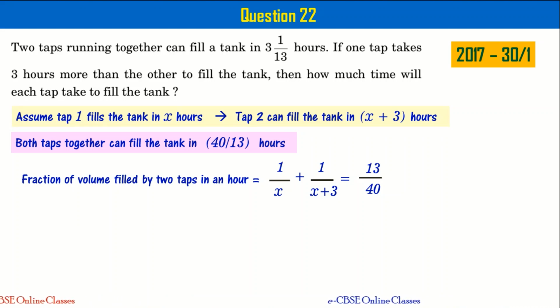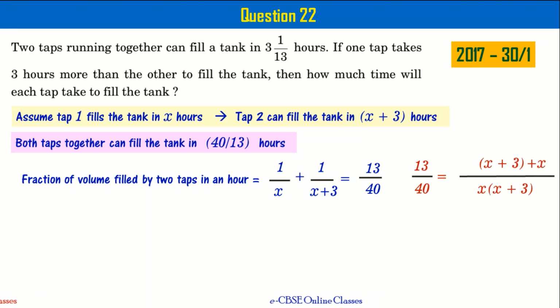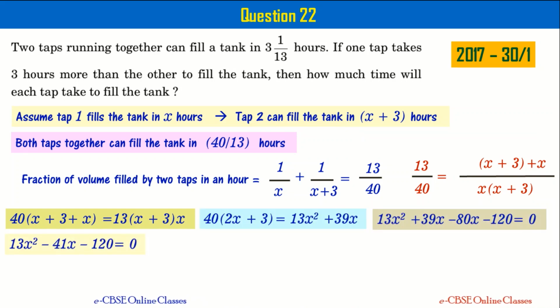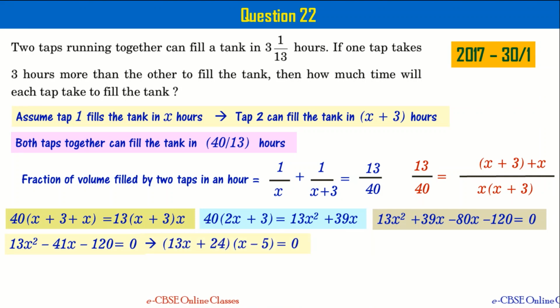You solve this particular equation. I'm rearranging and then cross multiplying it, and further simplifying it to get a quadratic equation that is 13x square minus 41x minus 120 equal to 0. This can be written as (13x plus 24) times (x minus 5) equal to 0.